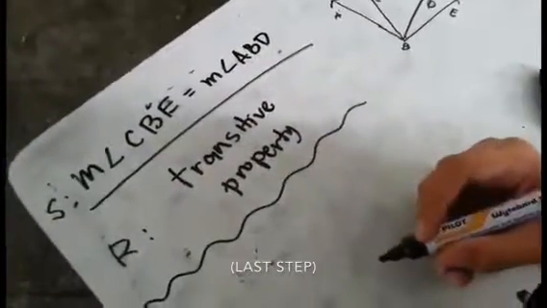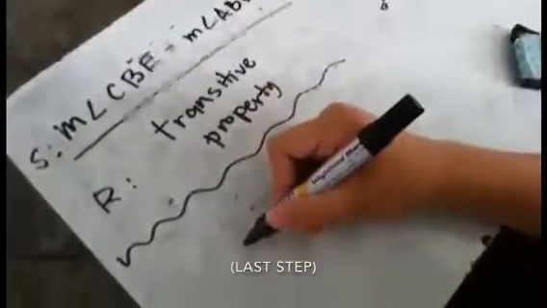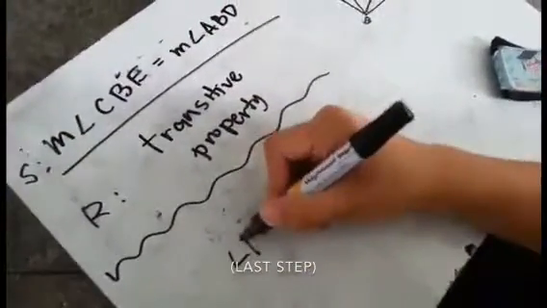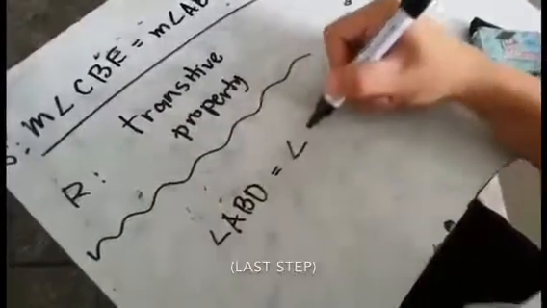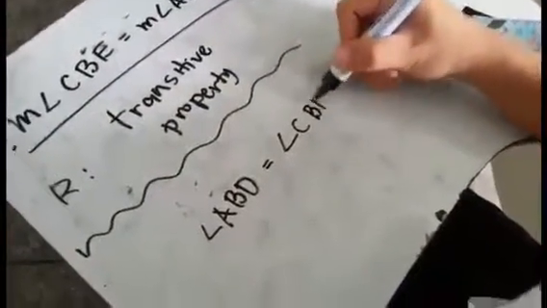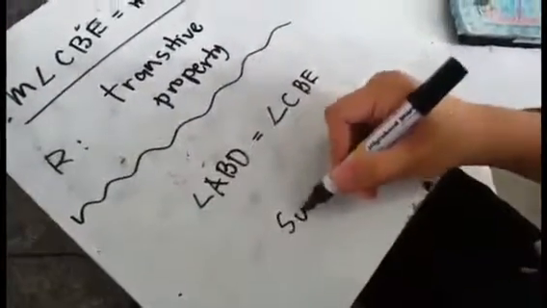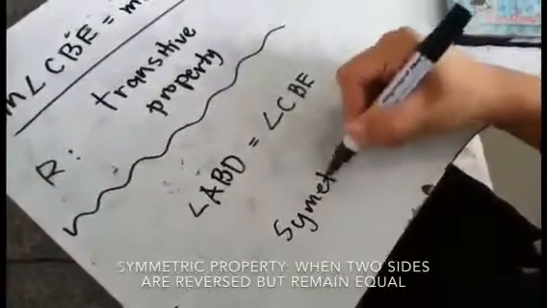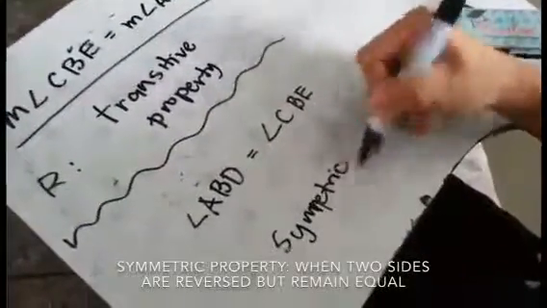Basically, all we have to do now is to reverse these two to get angle ABD is equal to angle CBE due to the symmetric property.